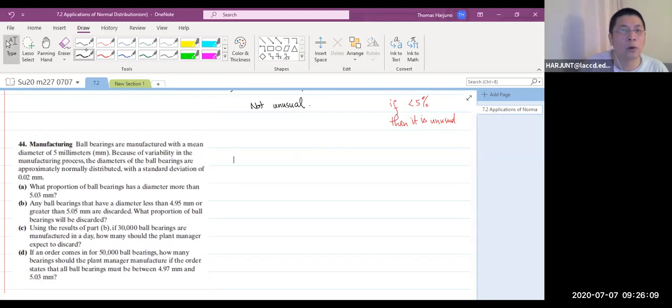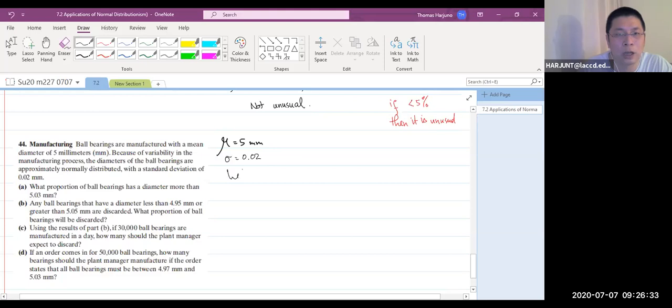Ball bearings are manufactured with mean diameter of 5 millimeter. So the mean is 5 millimeter. And because of the variability in the manufacturing process, the diameters are approximately normally distributed with standard deviation of 0.02.